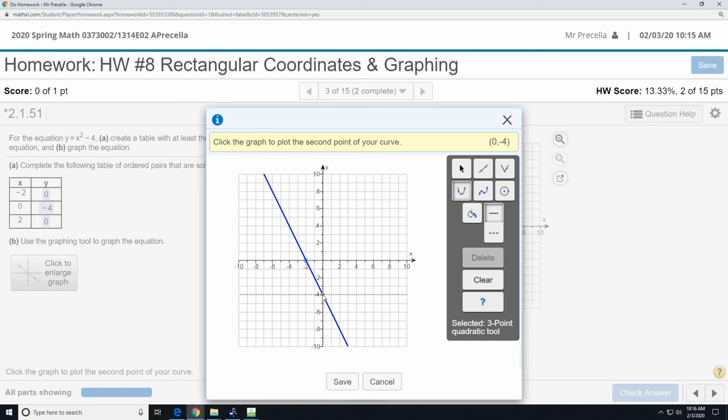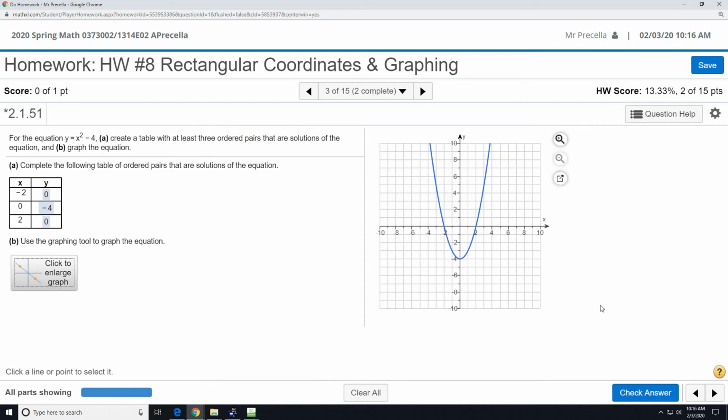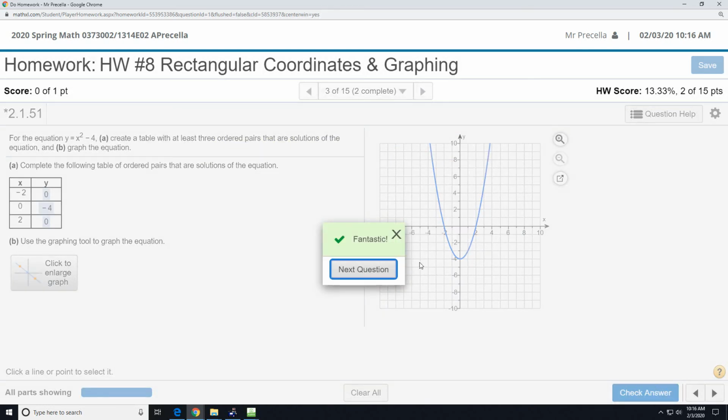Am I at 0, -4? That was the second point. And now it says, click the graph to plot the last point of your curve. 2, 0. Okay. Am I at 2, 0? Yeah. Then I say save it, and check it. Okay.